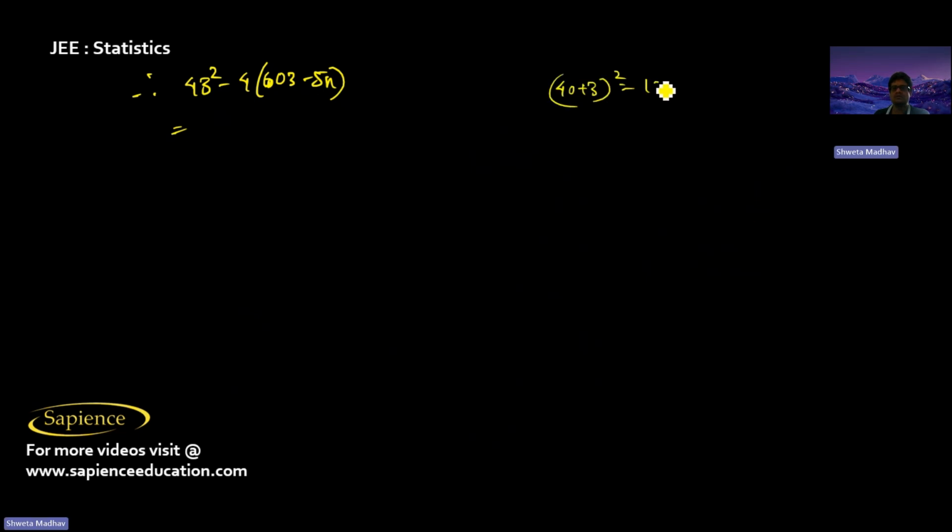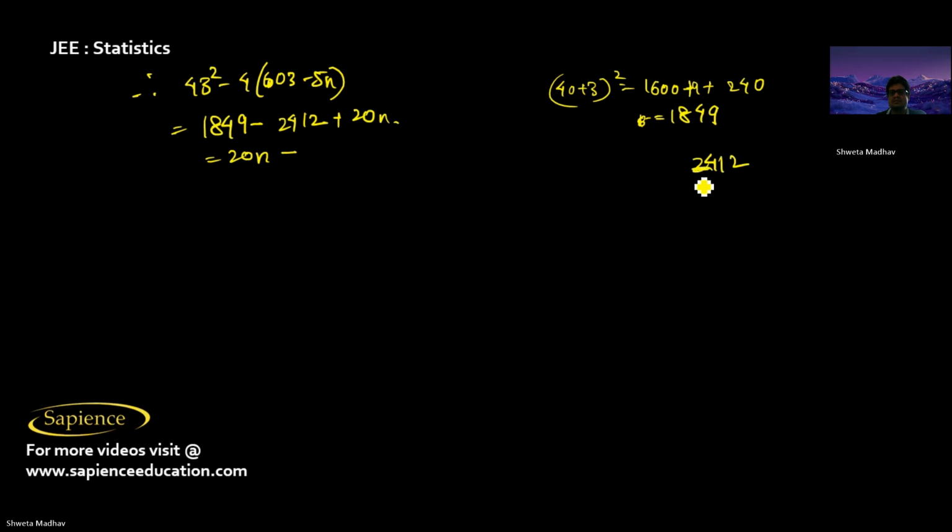So that will be equal to 1600 plus 9 plus 240. So this will be equal to 1849. 1849 minus 4 into 603, that is 4 times 6 is 24, plus 20n. This will be equal to 20n minus 9.